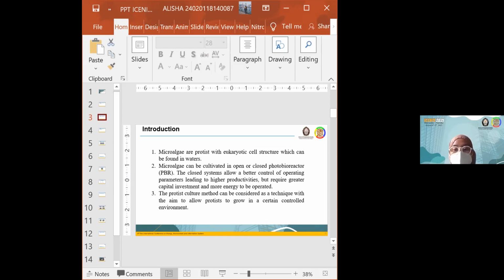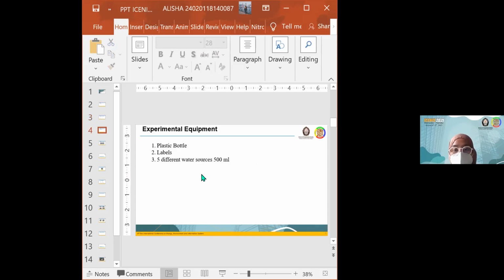The protist culture method is a technique that allows protists to grow in a certain controlled environment. Nowadays, cultured microalgae is used as direct feed for humans and land-based farm animals, and as feed for cultured aquatic species such as mollusks and the early larval stages of fish and crustaceans. It is also a potential candidate for biofuel production.